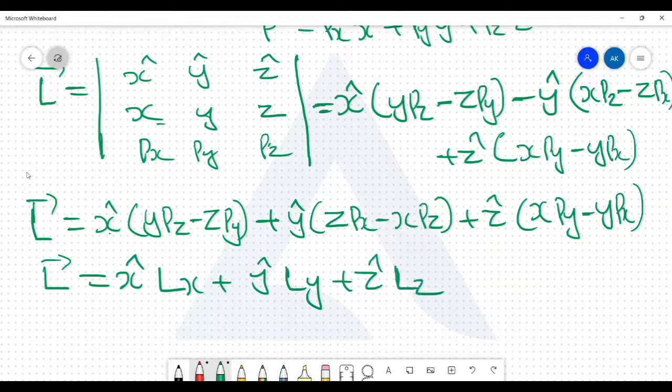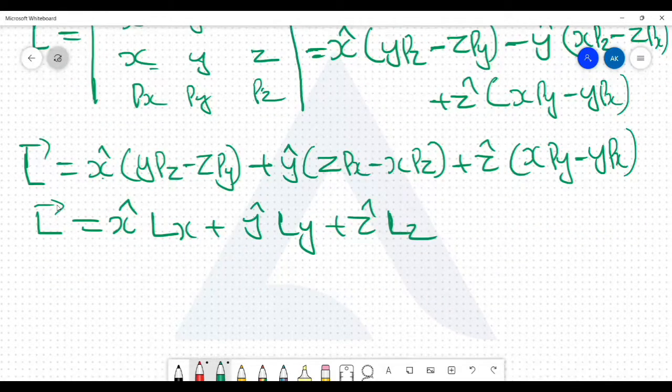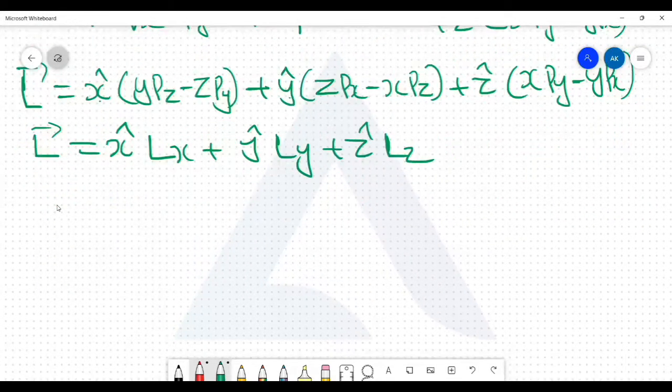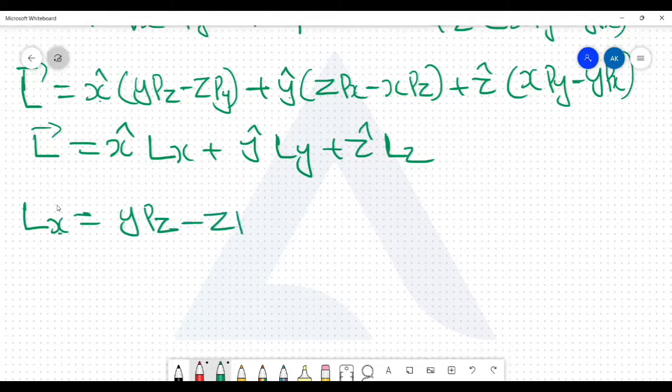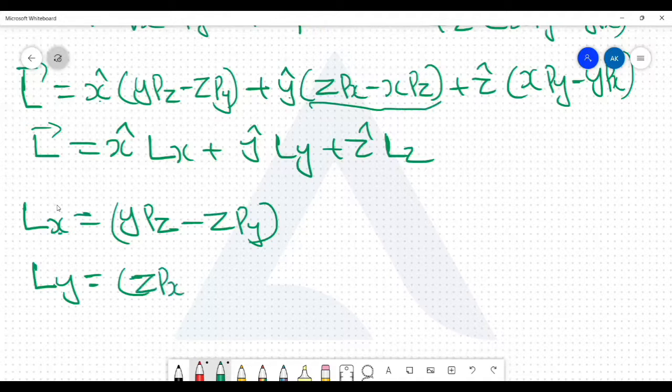This is the L vector. So comparing the above two equations, you can get the components of angular momentum. Your Lx is simply y pz minus z py; the cyclic order xyz comes. Ly should be z px minus x pz. And finally, Lz, can you predict what it would be?